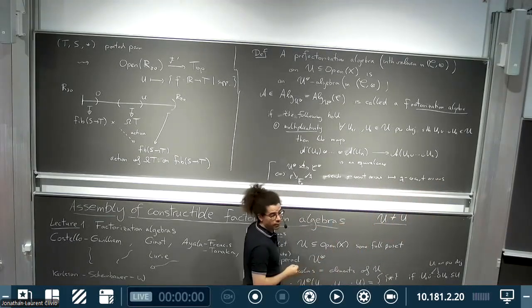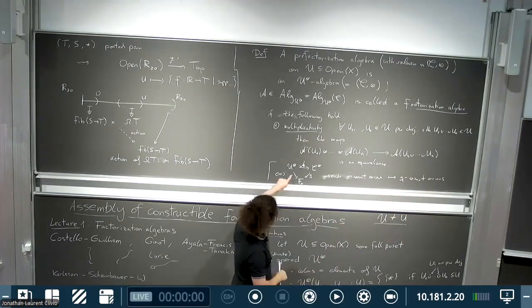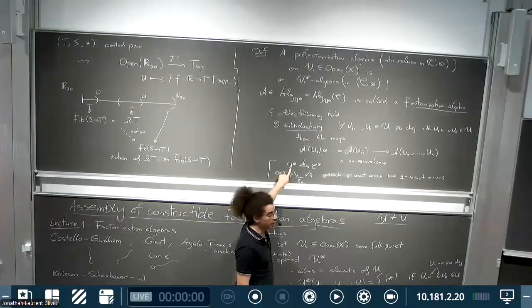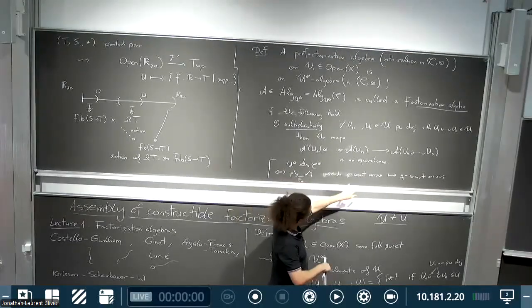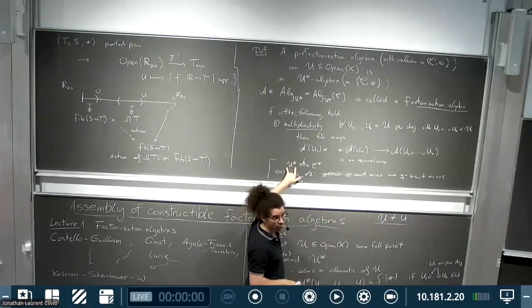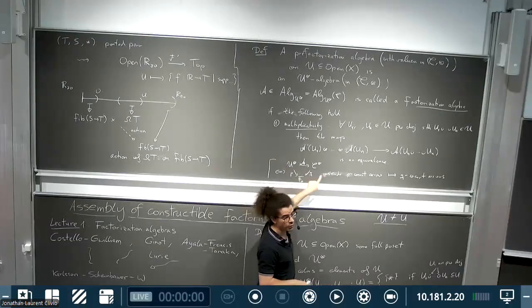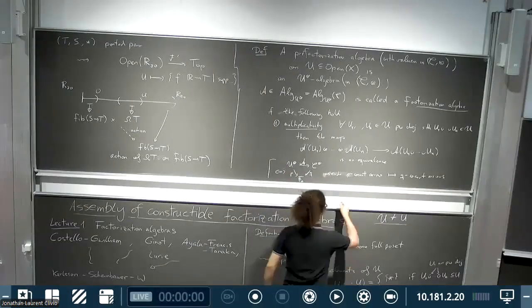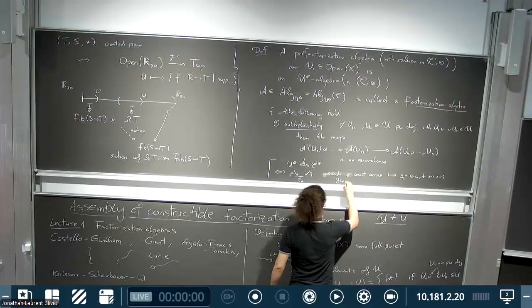Say it again? It's strongly monoidal. It is strongly monoidal, except that this is not a monoidal category, so not all p-co-Cartesian lifts exist here, but the ones that do need to be preserved. Exactly, the ones that exist.